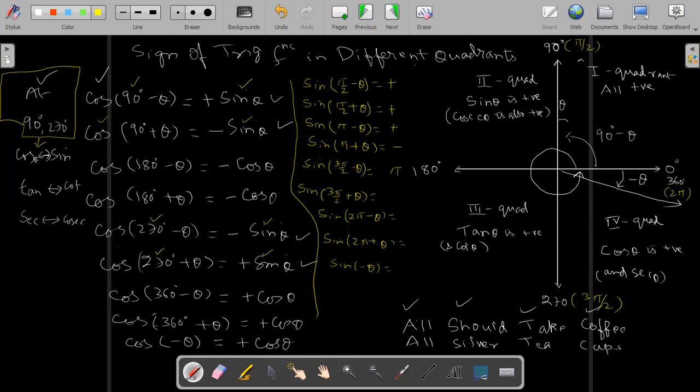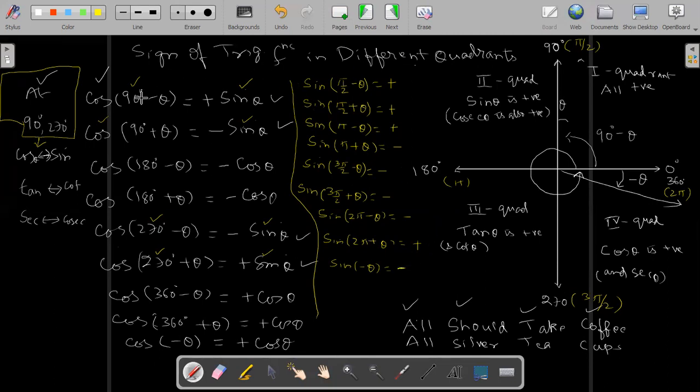Third quadrant, sine is negative: 180 plus theta, then 270 minus theta, again in the third quadrant, negative. Then 270 plus theta is fourth quadrant, negative. Again 360 minus theta is fourth quadrant negative, 360 plus theta is first quadrant positive, and minus theta means again the fourth quadrant, where sine is negative.